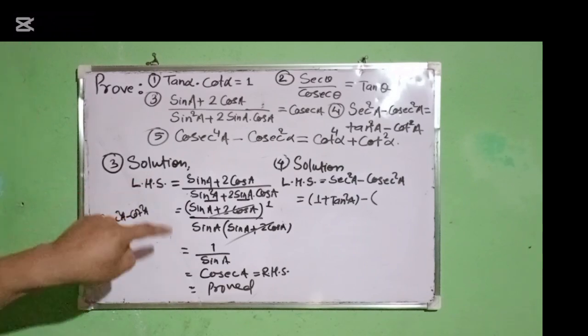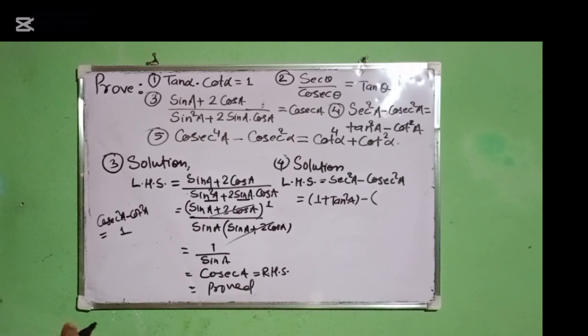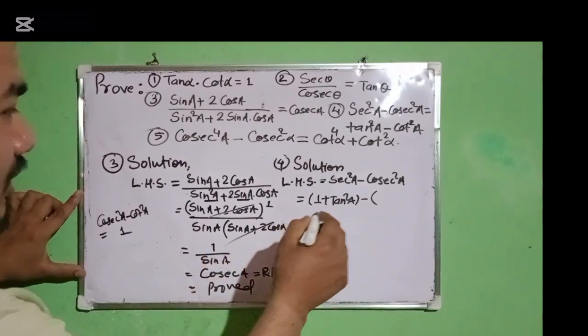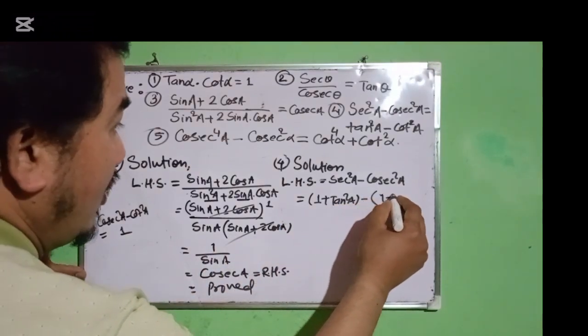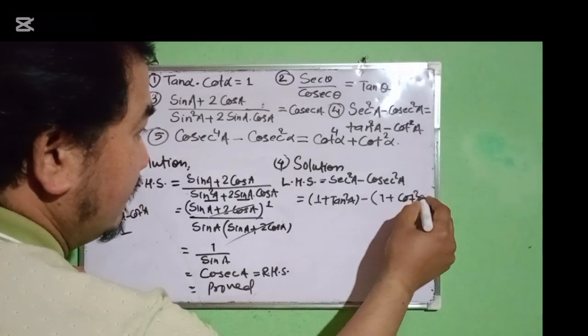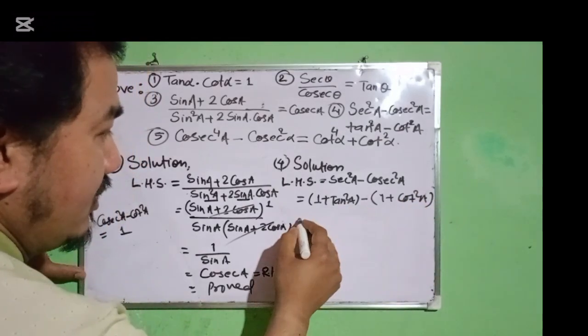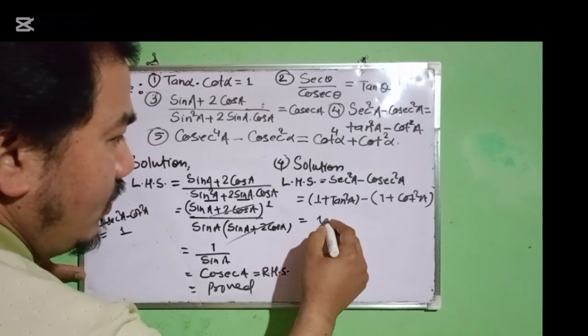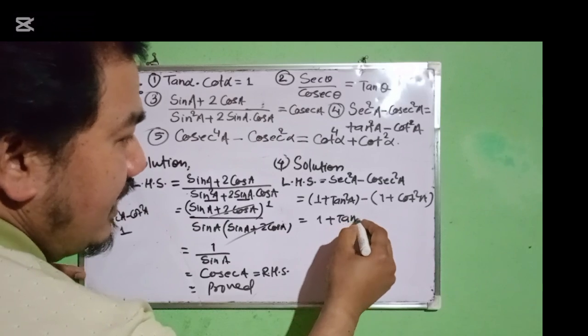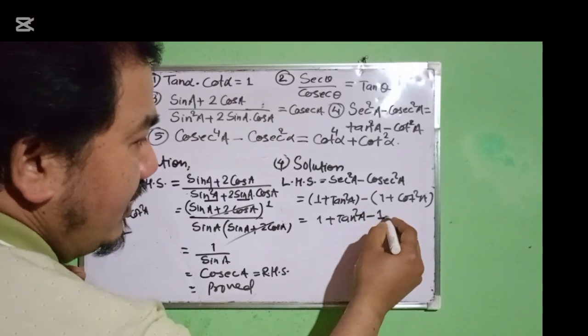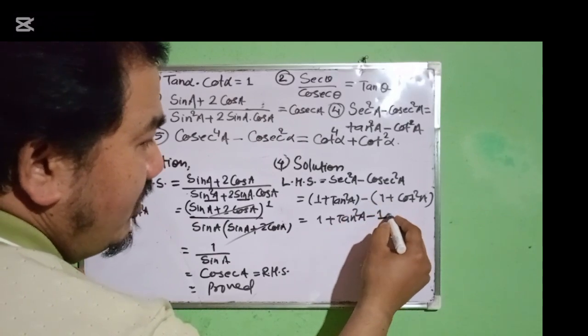When you bring this cot to that side, what will come here? Then 1 plus cot square A. In the Pythagoras relation, now remove the bracket. 1 plus tan square A minus 1 minus plus, it will be minus here.